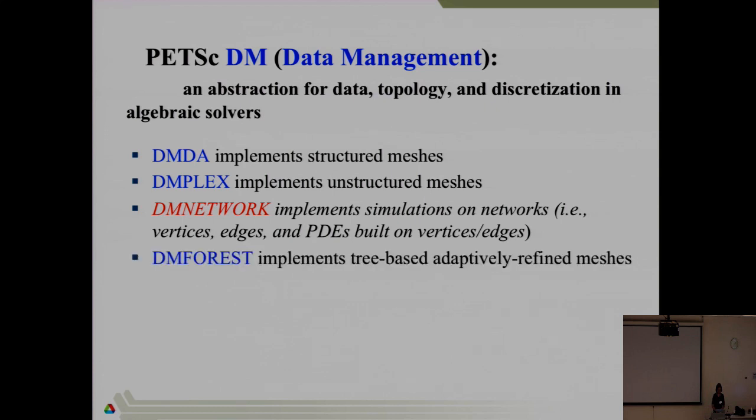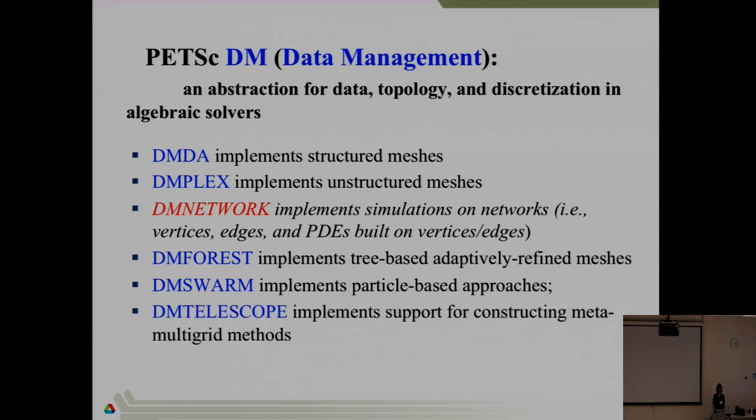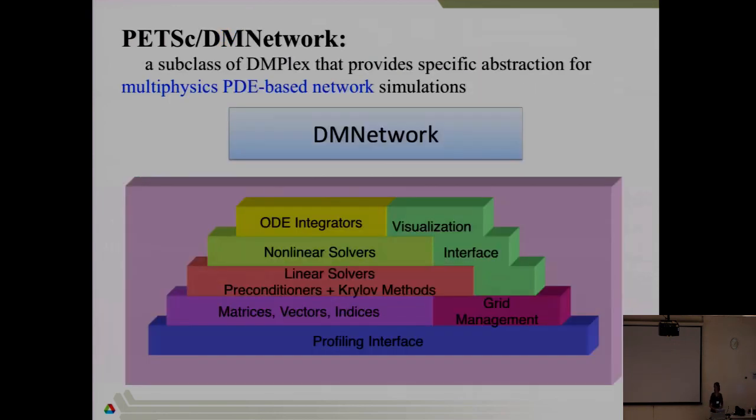And there are more objects, we can call them subclasses of the DM, for example, DMForest, DMSwarm, DMTelescope. Remember, PETSc has one word, extensible, right? So you can always add new things to it. Whenever there's a need from an application, we add new features. So today I'll talk about DMNetwork, which is a recent addition to PETSc.